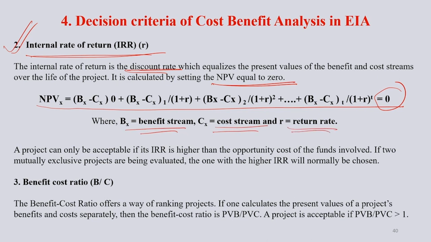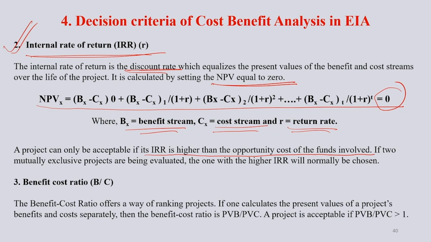Now, a project can only be acceptable if its IRR, internal rate of return, is higher than the opportunity cost of the funds or investment involved. Very clear. If your IRR is higher than the opportunity cost of the investment that you have made, then that project is acceptable.